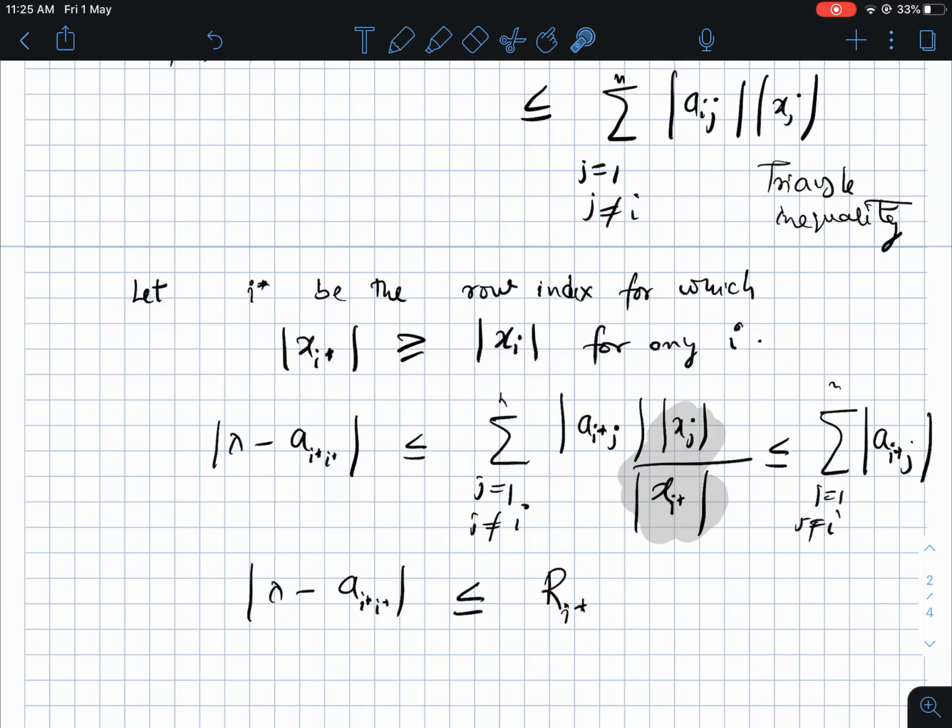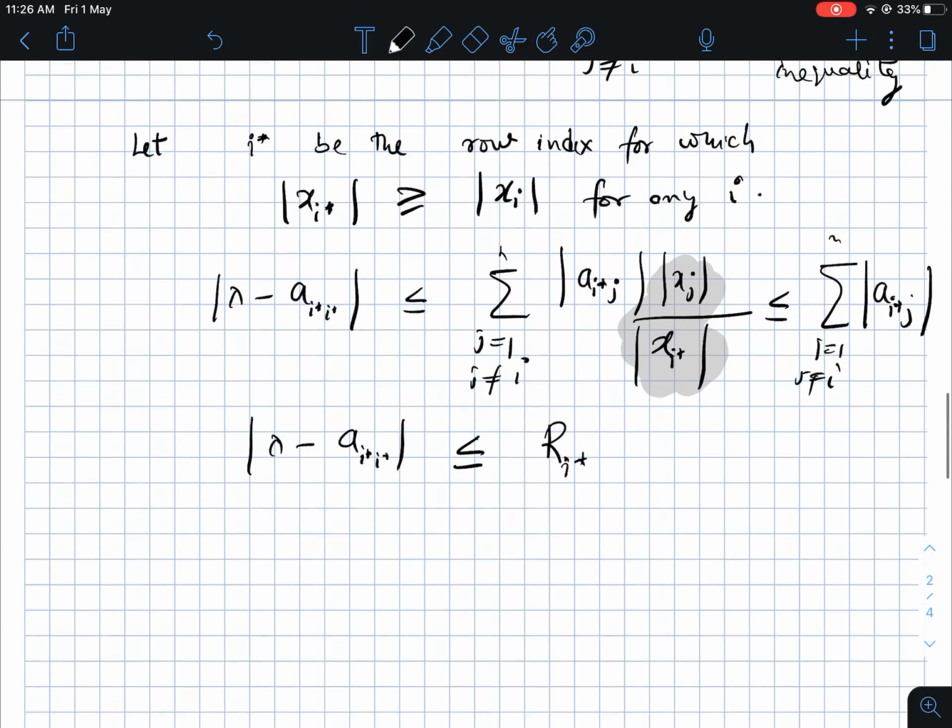This is the sum of the absolute values of the off diagonal entries in row i star, which is precisely the definition of R_i star. So this is what you will get. What it tells you is that lambda lies in the i star-th Gershgorin circle.